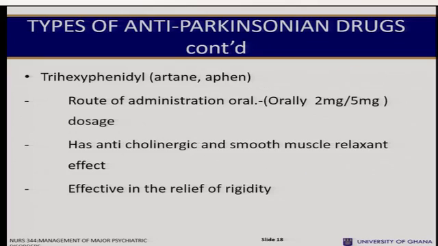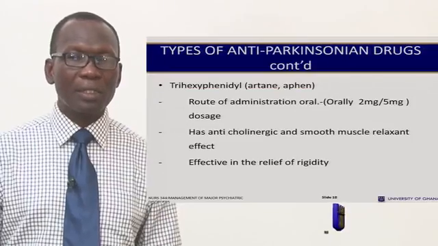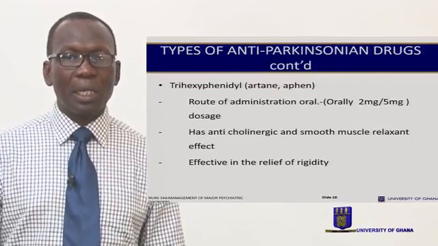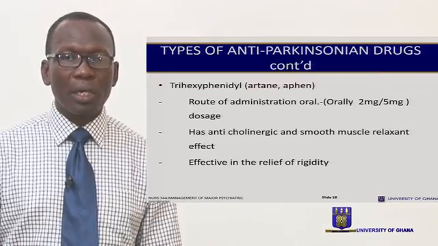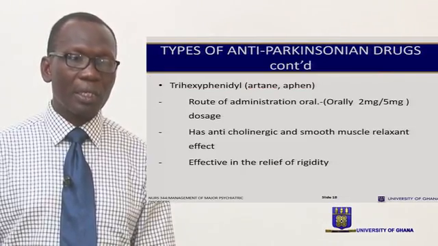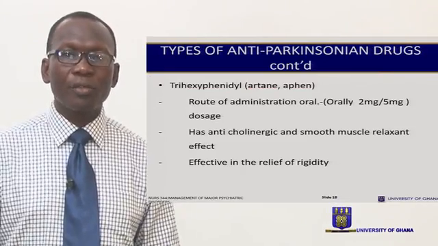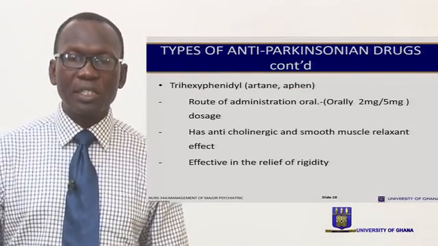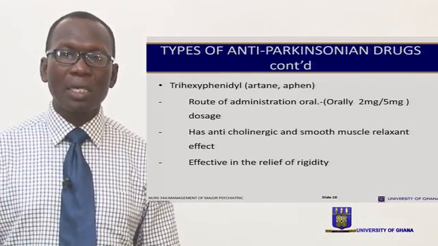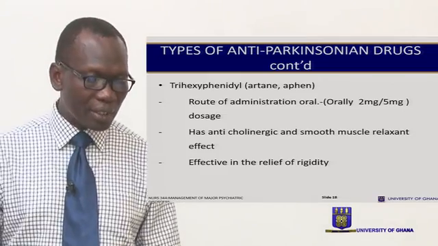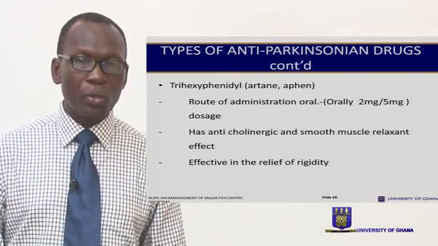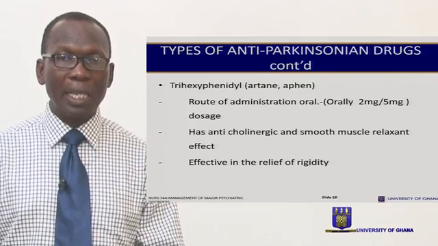We also have Artane or trihexyphenidyl. We give it orally in dosages of 2 to 5 milligrams. It has some anticholinergic and smooth muscle relaxation effects. It is also very effective in reduction of rigidity. So when you give patients antipsychotic drugs, and they are having this rigidity, you can rely on Artane.